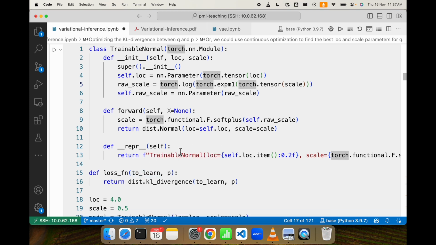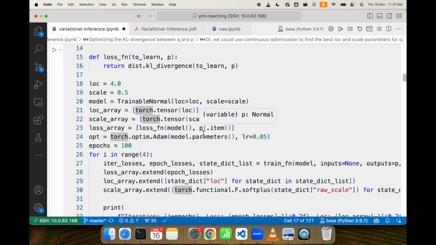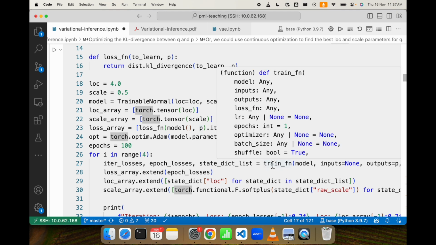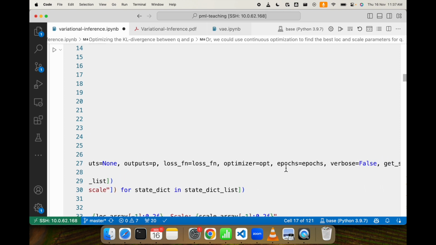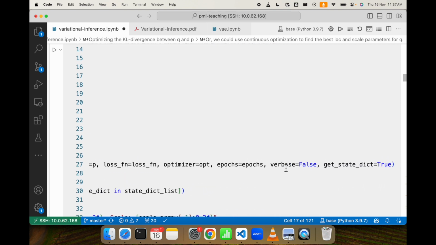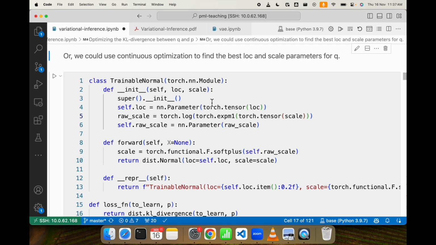So here we wanted to reuse the train function which we had previously shown you. This is from our own library, Astra. This function just asks for some model, inputs, outputs, loss function, optimizer, epochs, and whether you want to output the state dictionary or not. Because we didn't want to write this training loop again, we wrapped the normal distribution.